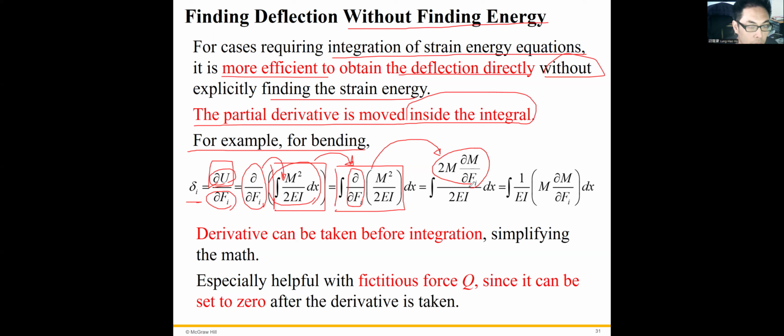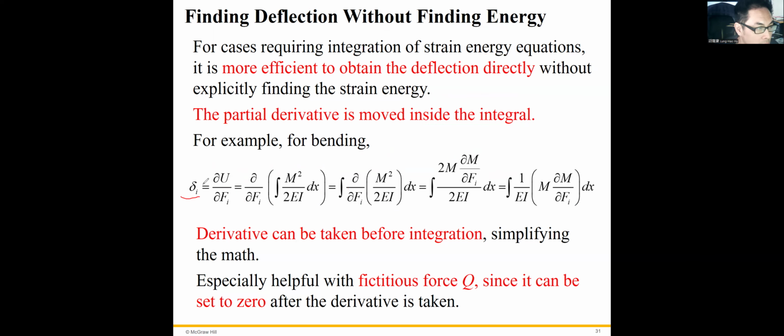Its denominator will become like this. Just move this to the denominator inside the integral, right? And then finally we can get the deformation equals the integral with the partial derivative inside it.